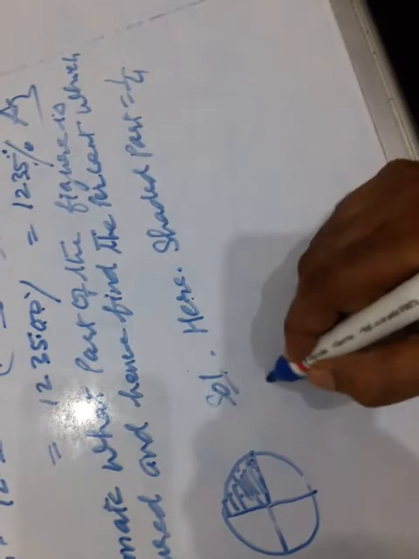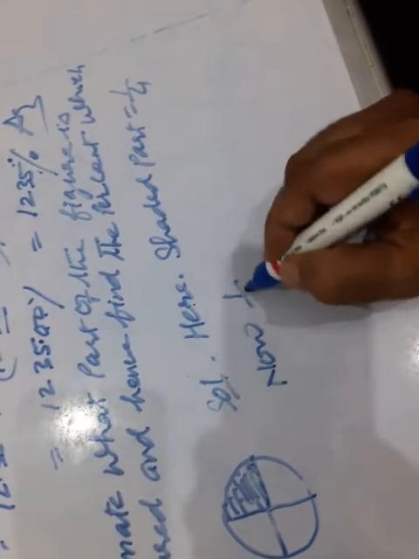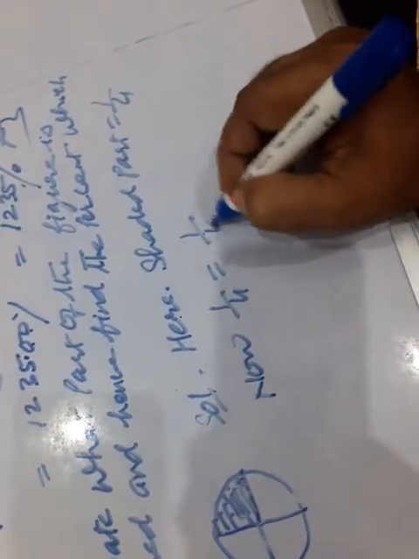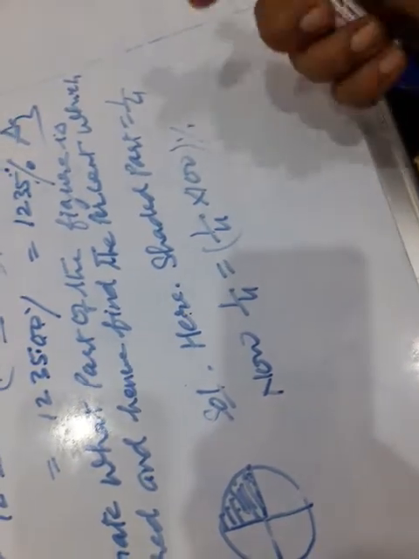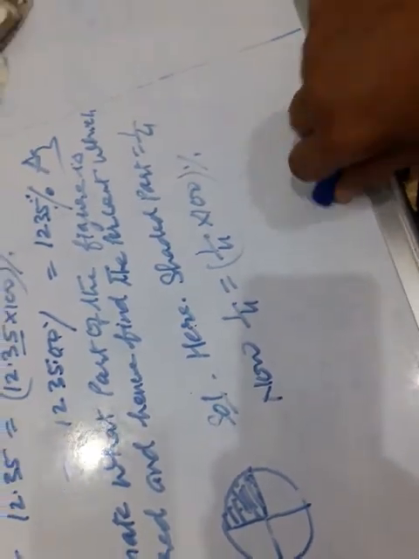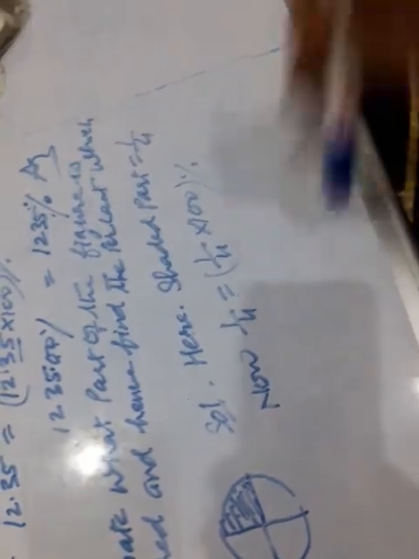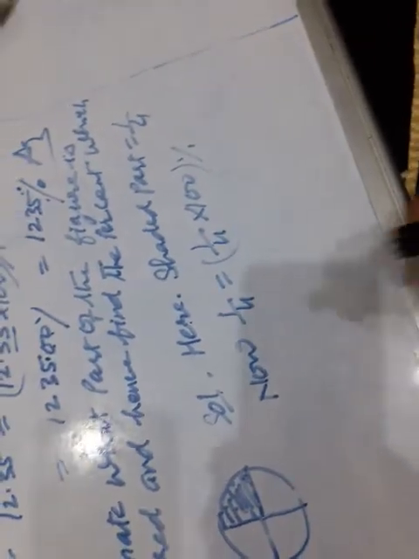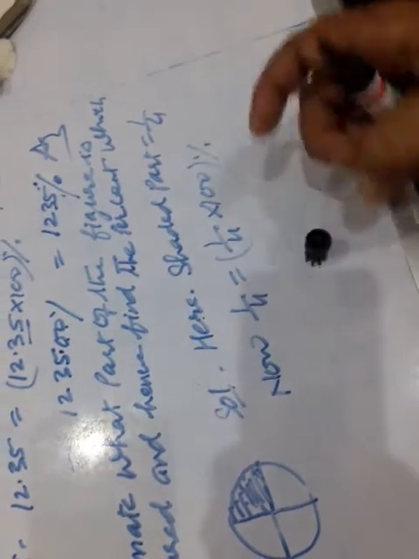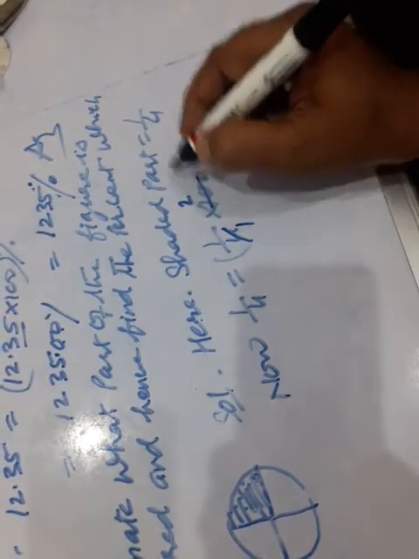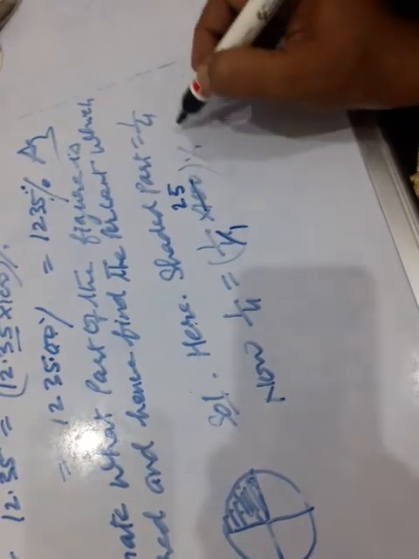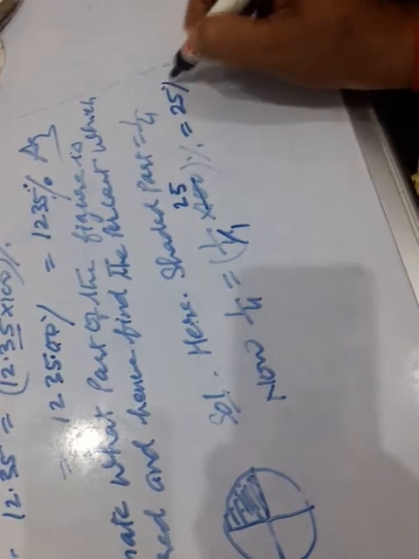So 1 upon 4 equals 1 upon 4 into 100, and put the percent symbol. Now you can solve it. 4 1s are 4, 4 2s are 8, 4 5s are 20. That is equal to 25%.